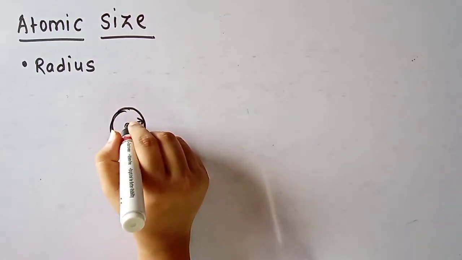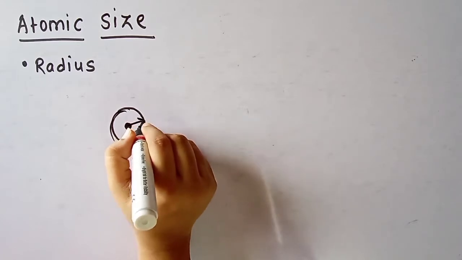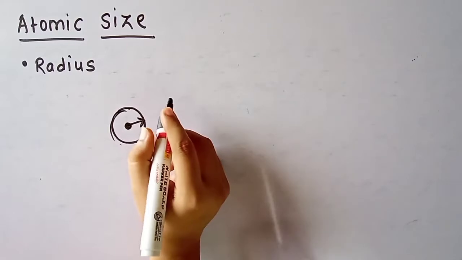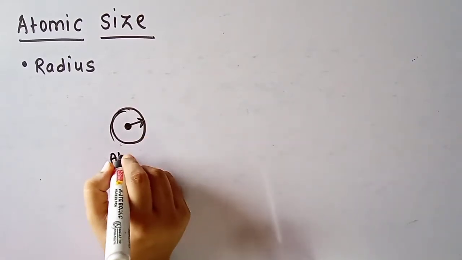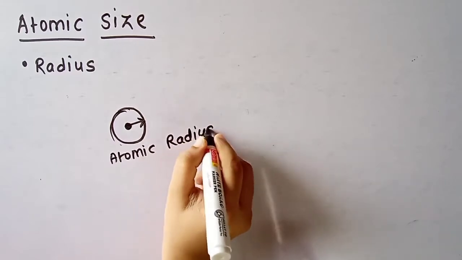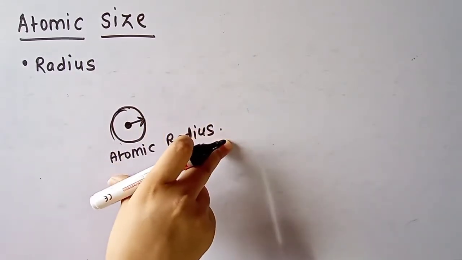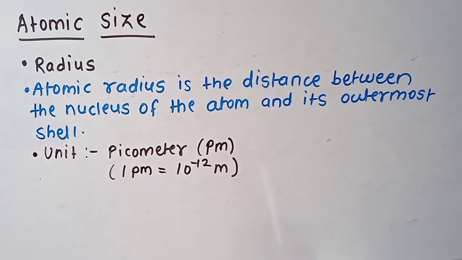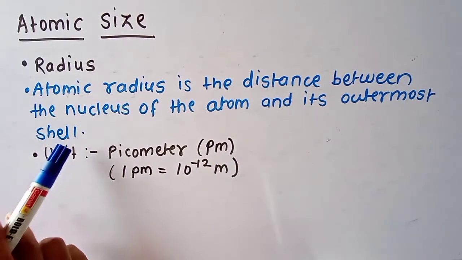The distance between the nucleus and the outermost shell of that element is nothing but the atomic radius. So write down the definition: atomic radius is the distance between the nucleus of the atom and its outermost shell.